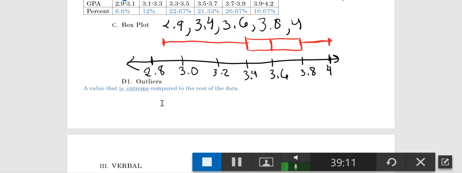So the way we're going to describe outliers here is different from how it's described for other data types. So don't think this is the only way you find outliers. There are actually a couple different other ways.